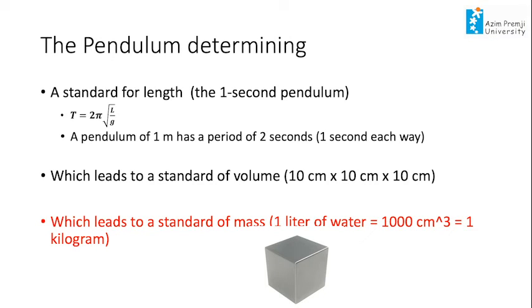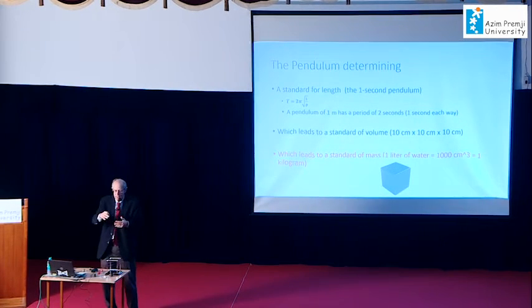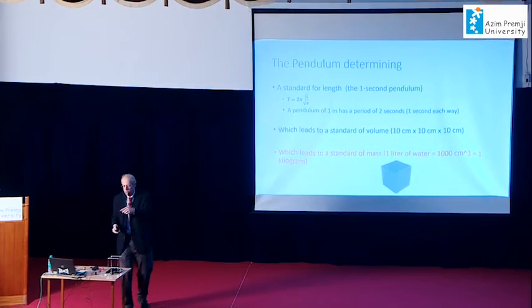And then if you have a standard volume, you also have a standard mass. Because if you fill that 10 centimeters, 10 centimeters, 10 centimeters with water, you have 1 kilogram. And now everybody in all the markets all over India are going to know what a kilogram is because of the pendulum.